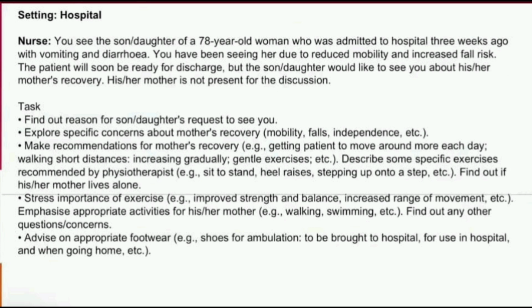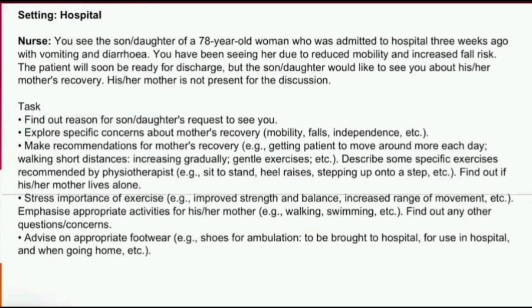So we can start the conversation like this: I totally understand you have concern about your mother's recovery, specifically her mobility, falls or independence. Like this we can speak to the relative or bystander.